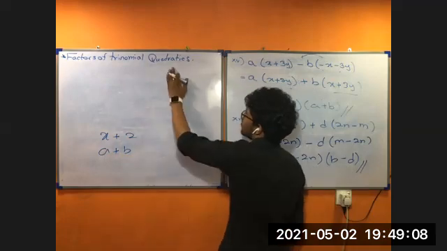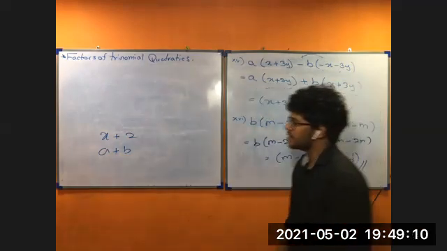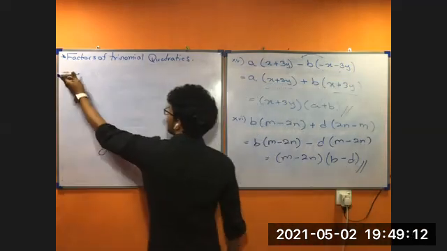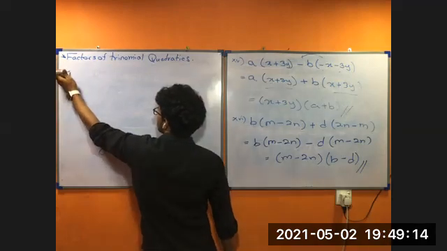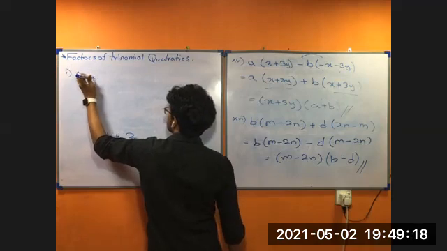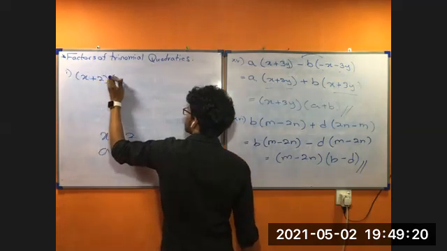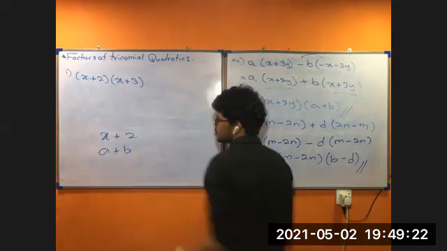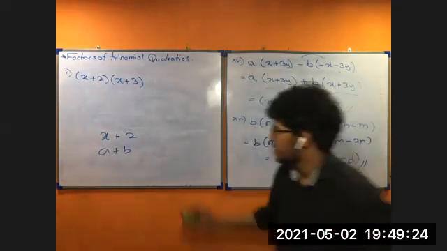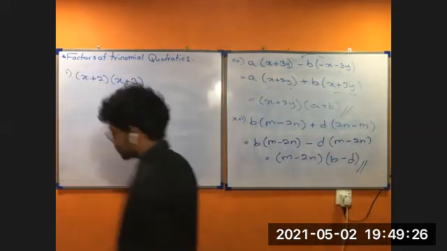Then again, quadratics. So quadratics means expressions like, let's say you're multiplying x plus 2 times x plus 3. So how to multiply?